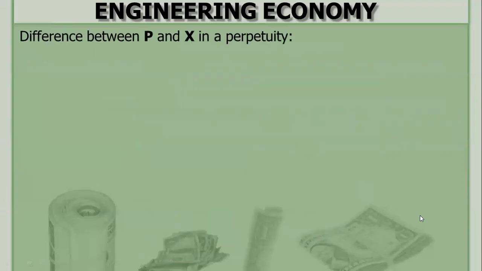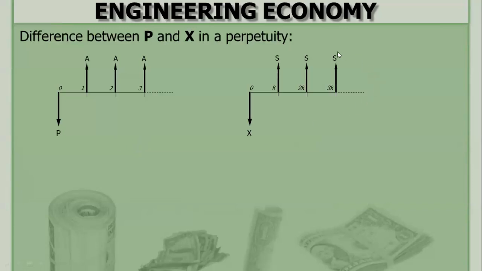So, what's the difference between P and X? This is perpetuity, while this one is replacement. Every K periods: K, 2K, 3K, the amount S needed for replacement.